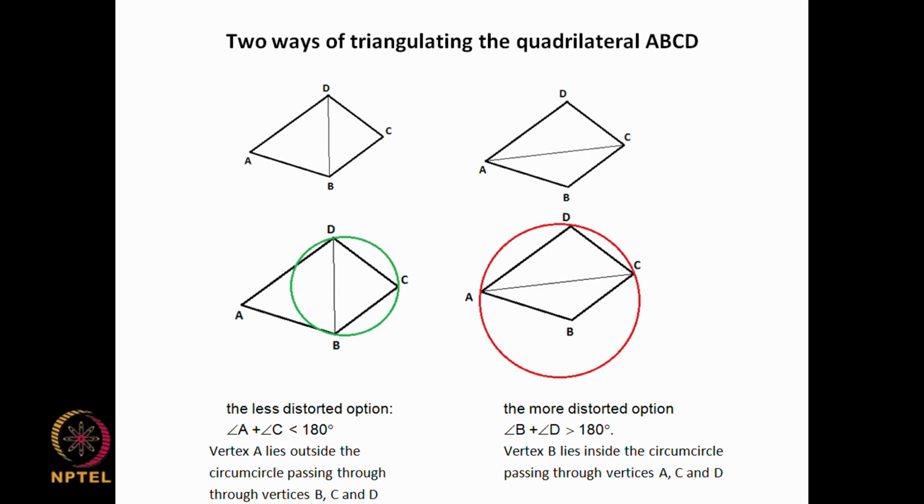So, a given quadrilateral can be converted into two triangles by joining either the diagonal BD or the diagonal AC. Which of them gives us triangles with smaller aspect ratio, more uniform size, is a question that needs to be asked, and it is preferred to have triangles with smaller aspect ratio.